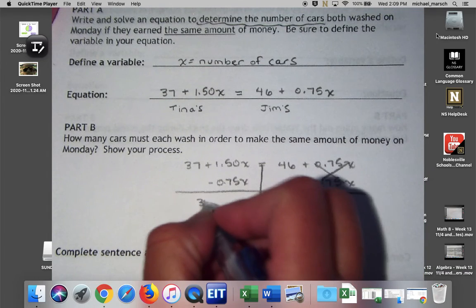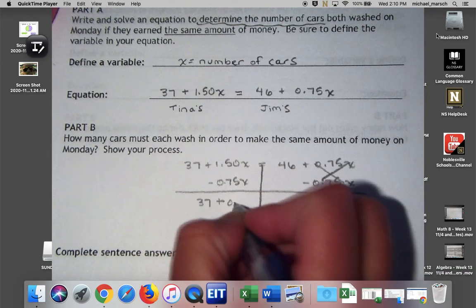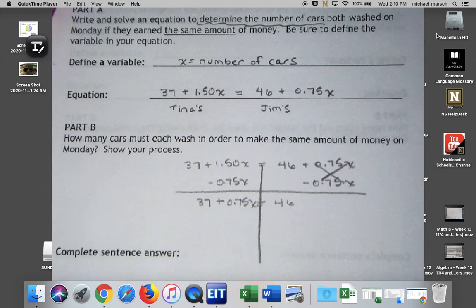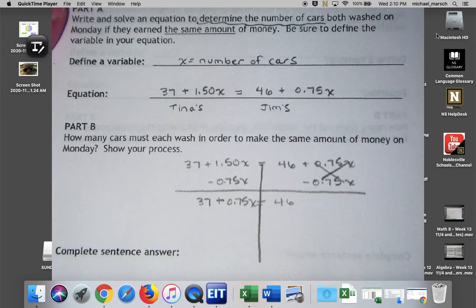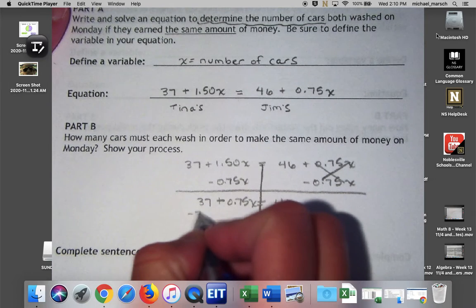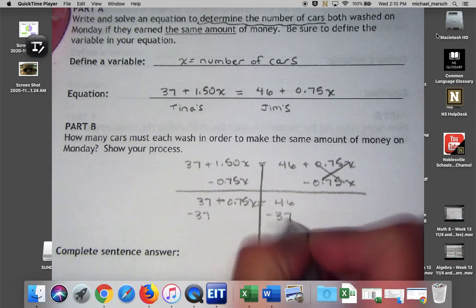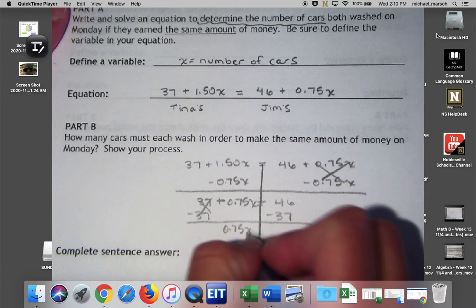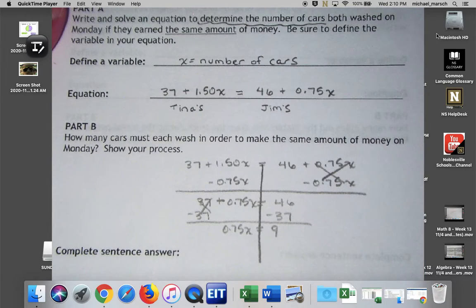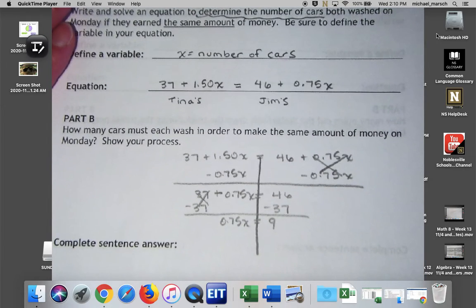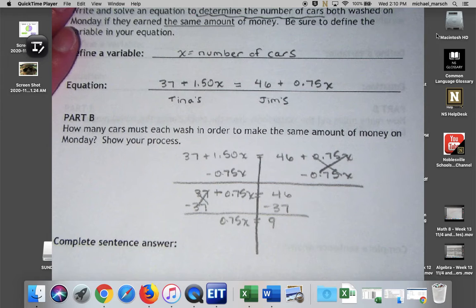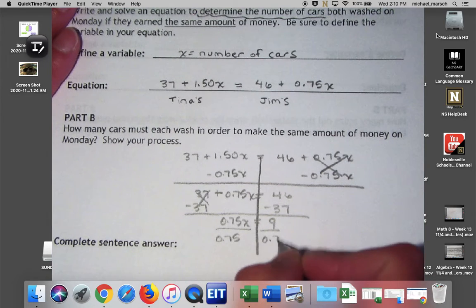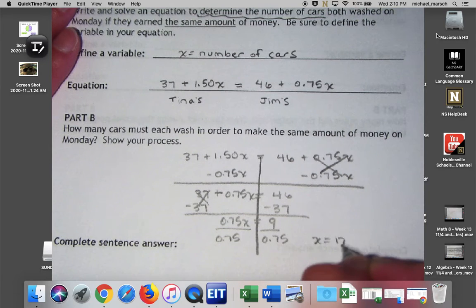So now I have 37 plus 0.75x equals 46. And I subtract 37 from both sides. And then when I divide by 0.75 on both sides, I get x equals 12.